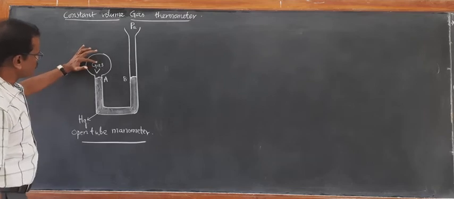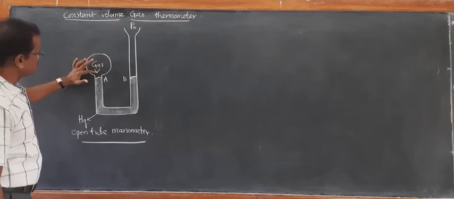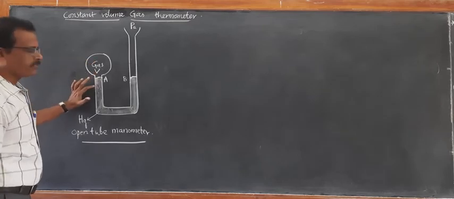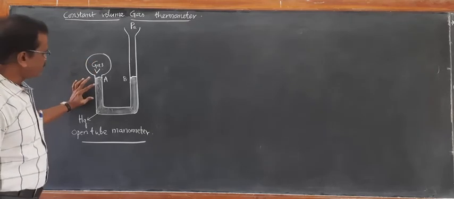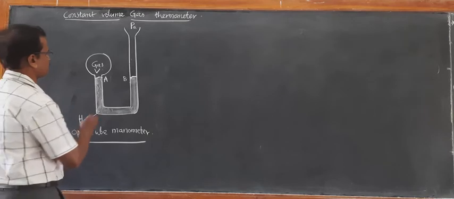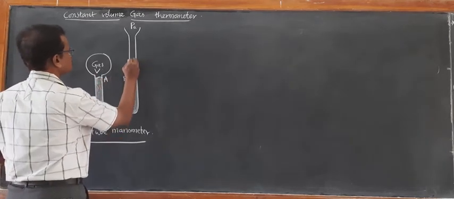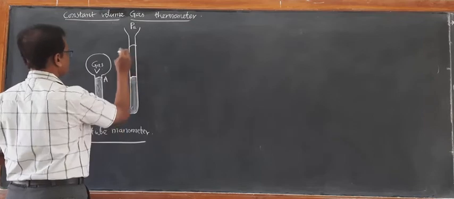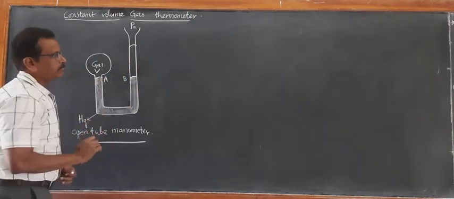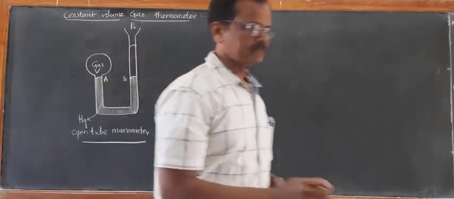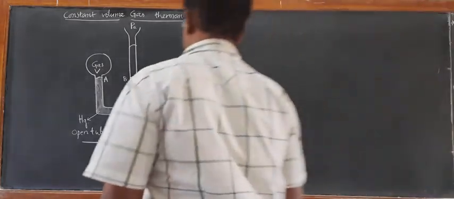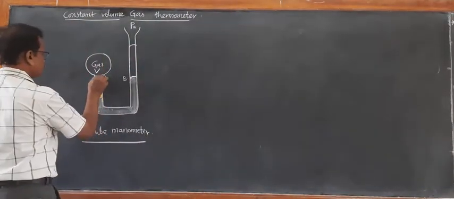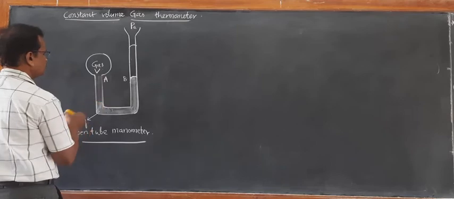When the gas expands, it exerts pressure on the mercury. When it exerts pressure on the mercury, the mercury level rises from A to B as pressure increases.